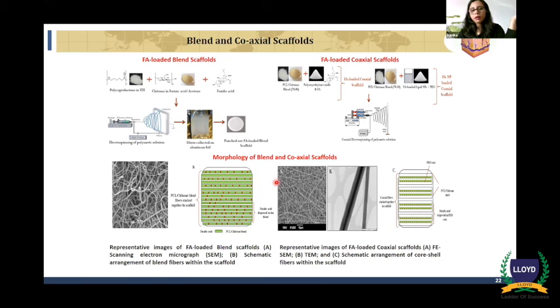So that could be another set of experiments which are performed for these blend and coaxial scaffolds. However, these kinds of wound dressings, because of the restrictions associated with such drug delivery systems, although they have been commercialized to a great extent, still have certain problems, and there are certain discussions going on about this drug delivery platform.